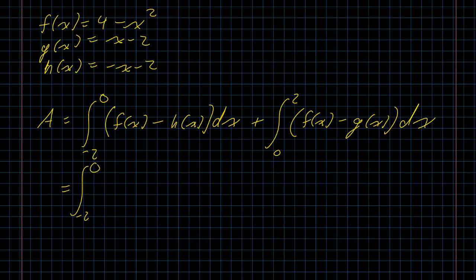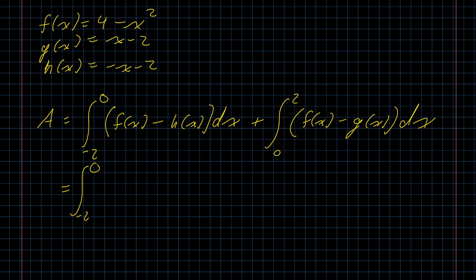For this first integral, we have f of x minus h of x. F of x is 4 minus x squared, h of x is minus x minus 2. We are subtracting, so positives and negatives are going to get really messy.